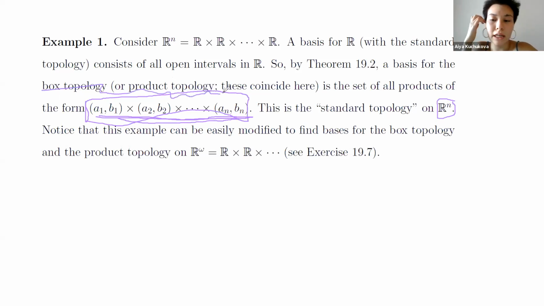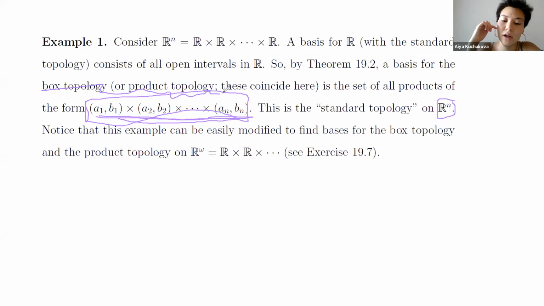Sure. So basically, then I have a question. When we have, for example, three-dimensional space, product topology and box topology have the same basis. That's why they're equal, right? So what happens when you have R^ω here?